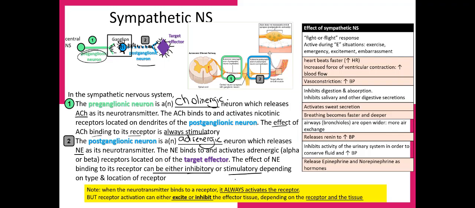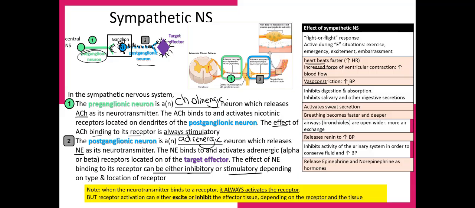Right? So again, if you look at the effect of the sympathetic nervous system throughout the body, when it binds to receptors in the heart, it causes the heart to beat faster and stronger. When it binds to receptors in blood vessels, it causes the blood vessel to constrict.